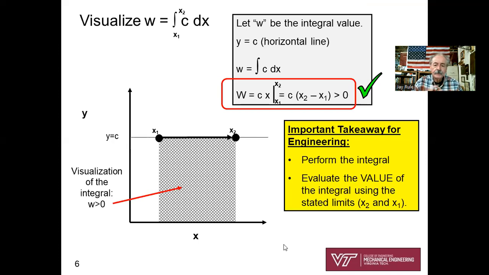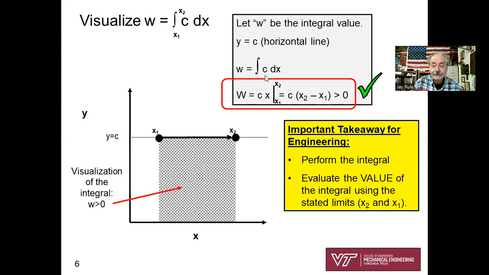Remember that for these integrals, let little w be the integral value of our function y equals c. So our function is very simple, y equals c. w is the integral of y dx, or in other words, for this one, the integral of c dx evaluated from x1 to x2.